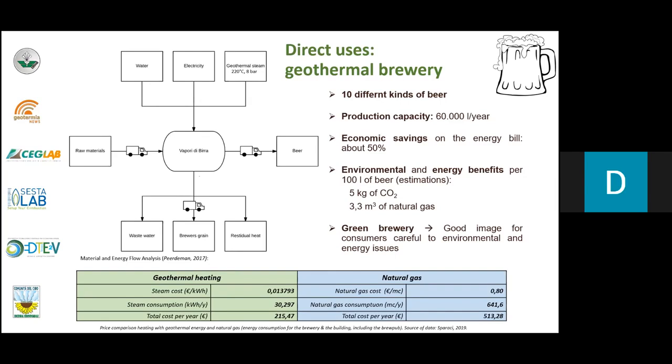So you can enter a market with particular attention to green issues.